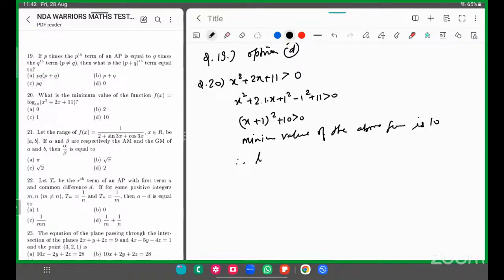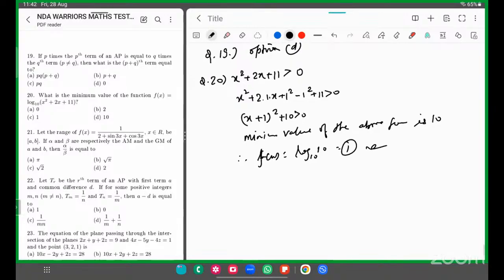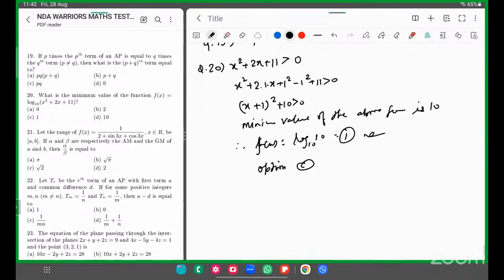So therefore, the f of x value we can write like this: log 10 to the base 10. So this value is equal to 1. So this is the minimum value. Where is option 1? Option C has 1. Okay. Therefore, option C you can take as the correct answer.